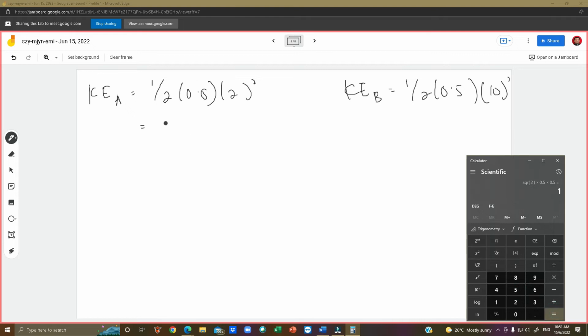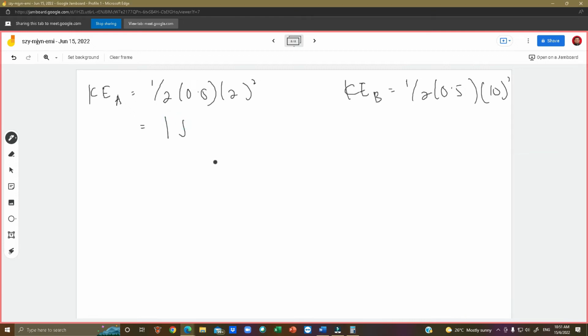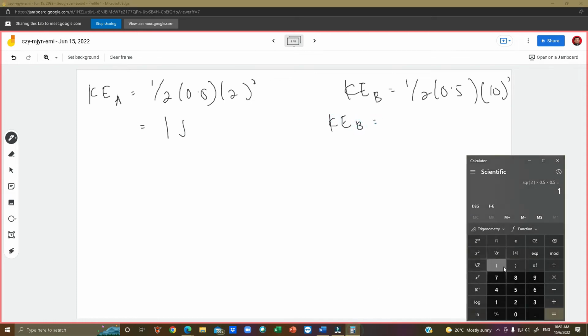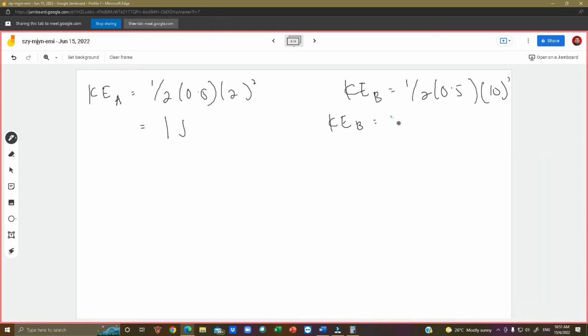You have 1 joules. KEB, we have 10 square, that will be 100 times 0.5 times 0.5. 25 joules.